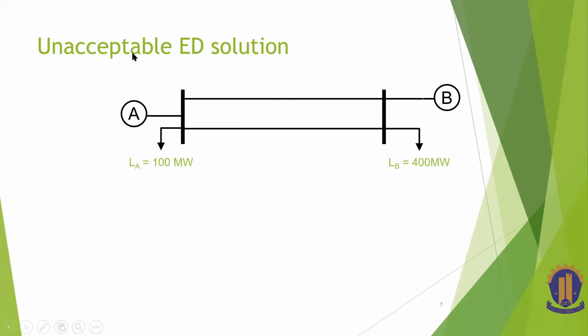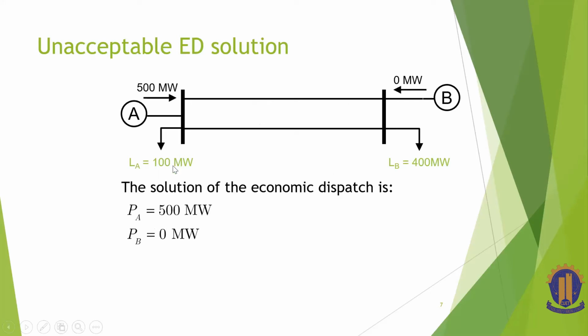When will it be an unacceptable solution? If load increases. We know that this is the operation level model, so load will not always be constant. It will change. Peak hour may change 50% or 30%, depending on the devices or the load duration curve in a particular area.